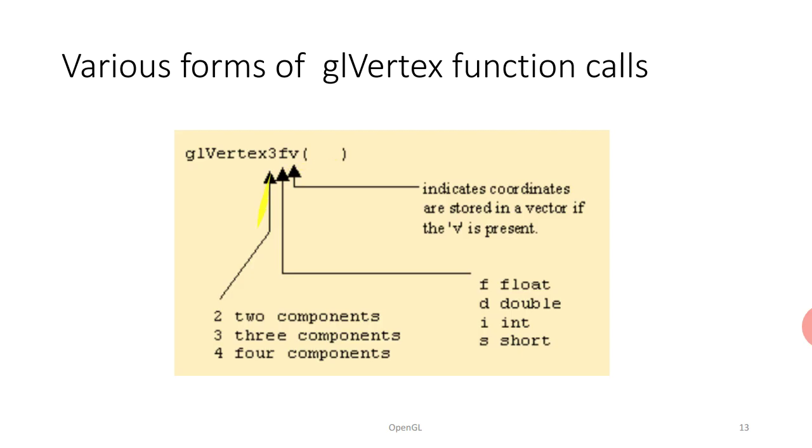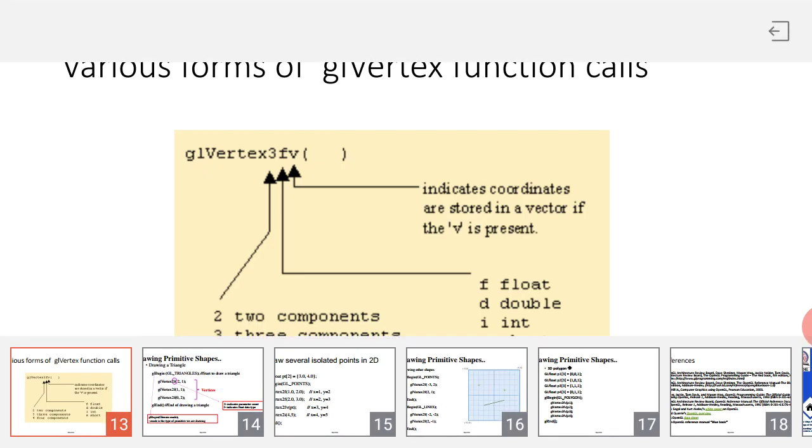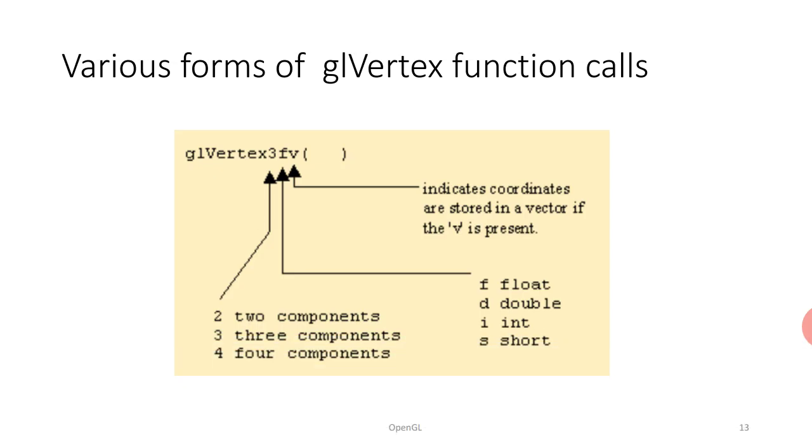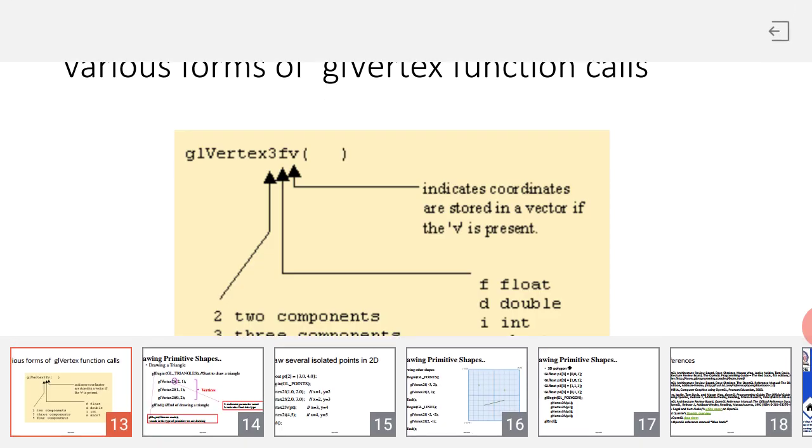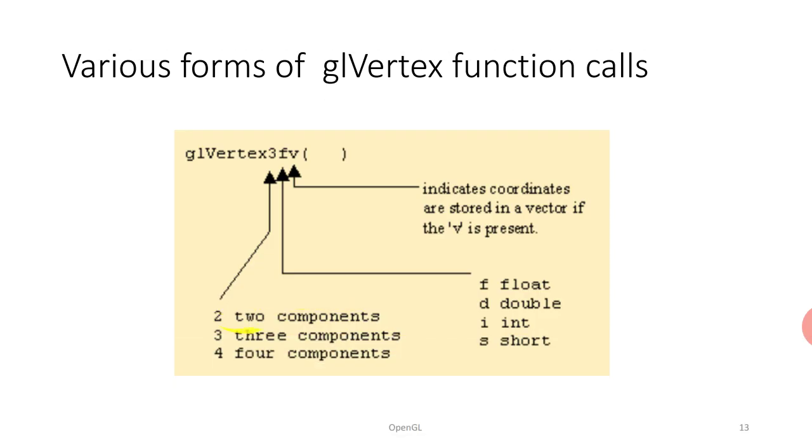Here this 3 indicates that 3 components are used. So the name of the function may include either 2 or 3 or 4. 2 indicates 2 components, 3 indicates 3 components, 4 indicates 4 components are used.